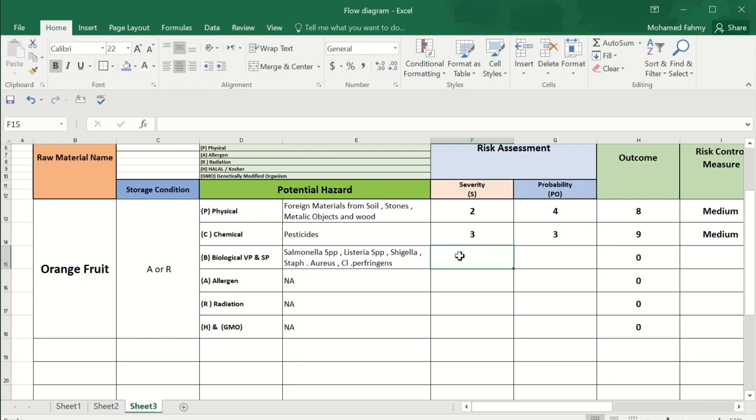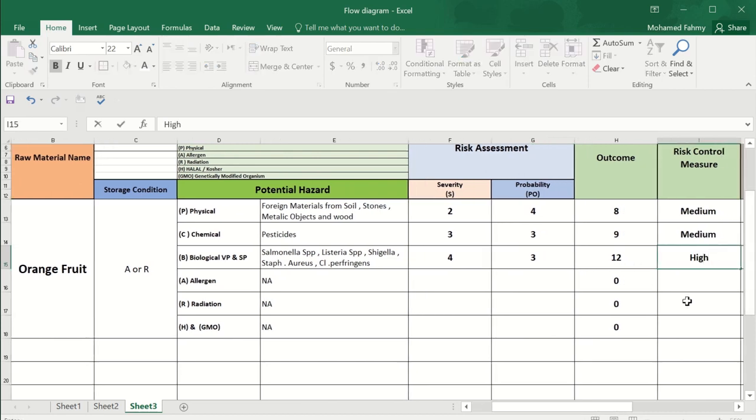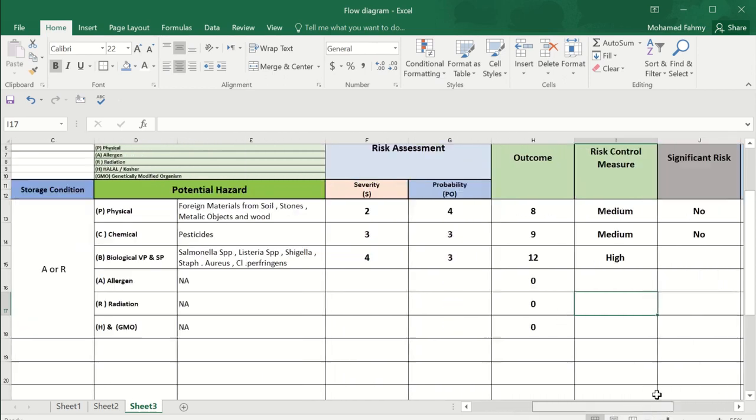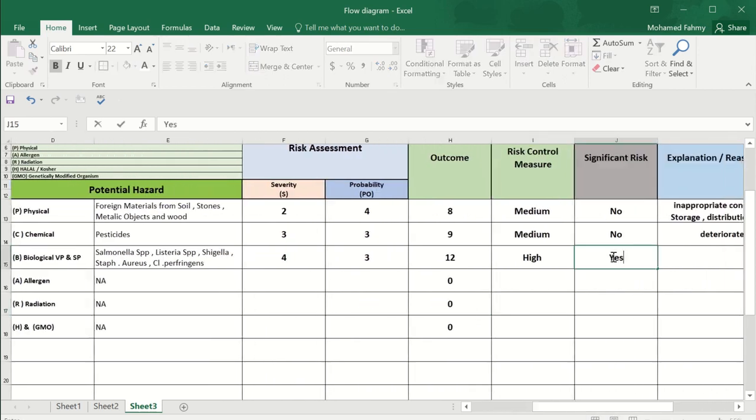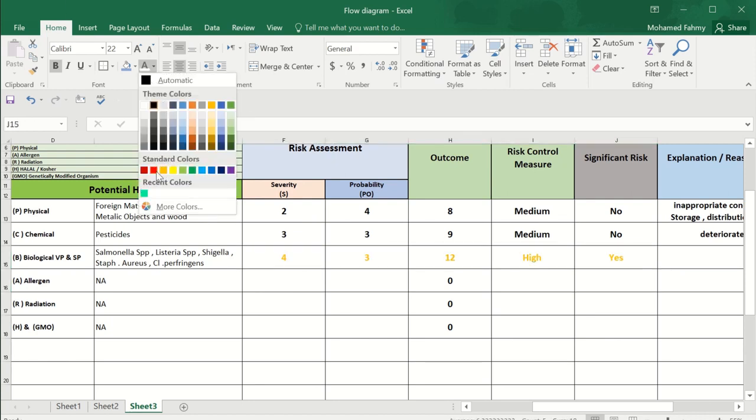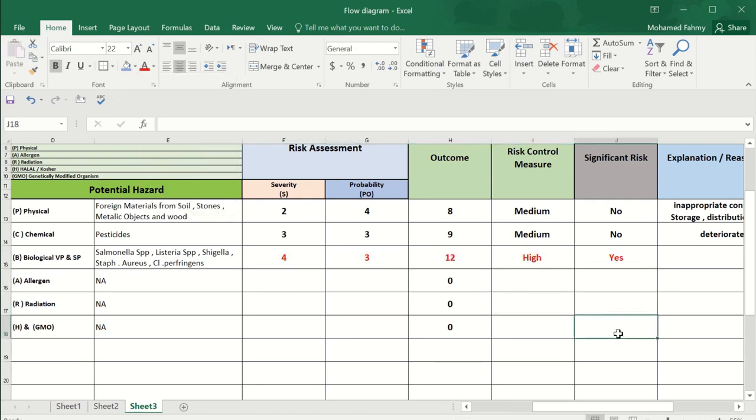The biological hazard: 4 multiplied by 3 is 12. Oh, 12, so it is a high risk. So it is a significant risk, and you can mark it with red because this is important.